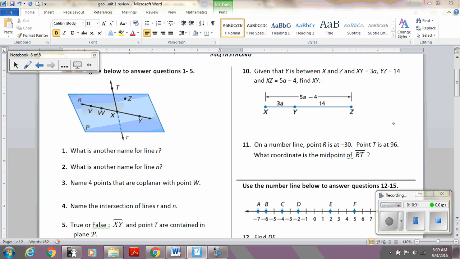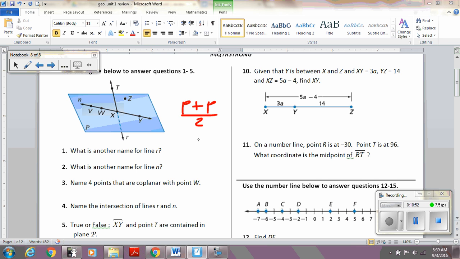Number 11 says, on a number line, point R is at -30, point T is at 96. What coordinate is the midpoint of RT? So we need to use the midpoint formula. The midpoint formula is point plus point divided by 2.